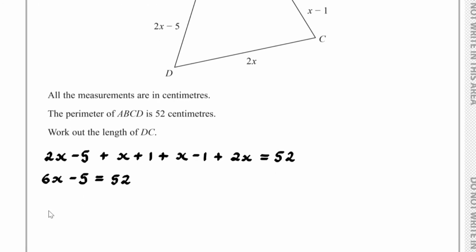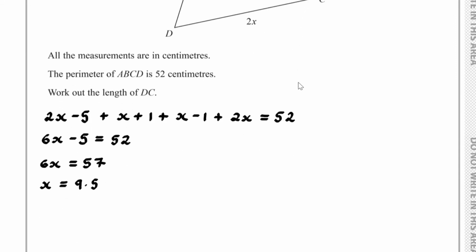So now, if I add 5 to both sides, you can see 6x is equal to 57. And if I divide both sides by 6, what I'll end up with is 9.5.